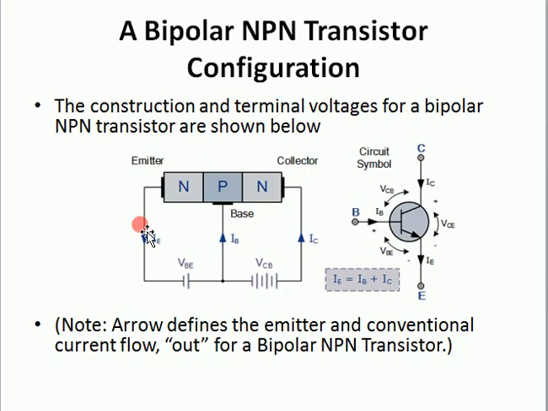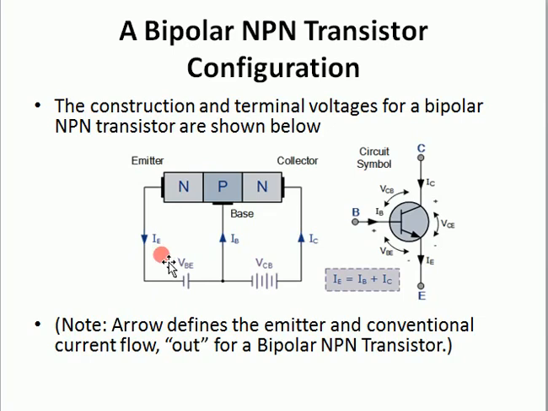Here the voltage between emitter and base is known as VBE, and this VBE is fixed. Why is this fixed? Because, as we know, when a diode is forward biased, it can only conduct current when, if it is a silicon diode, the threshold voltage is greater than 0.7 volt.